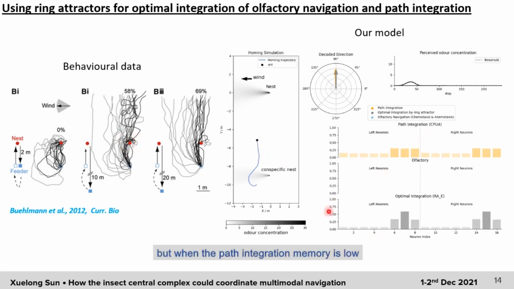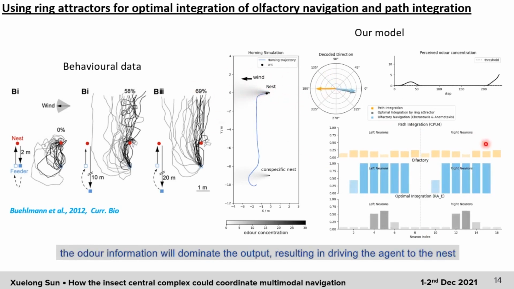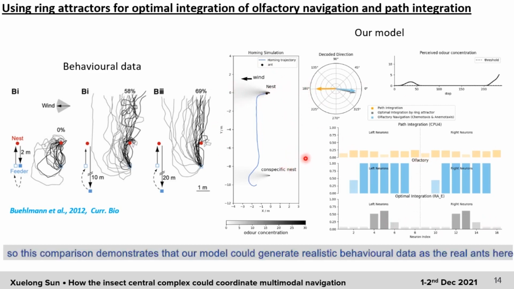But when the path integration memory is low, and once the agent confronts the odor field again, the odor information will dominate the output, driving the agent to the nest. So this comparison demonstrates that our model could generate realistic behavioral data as real ants do.